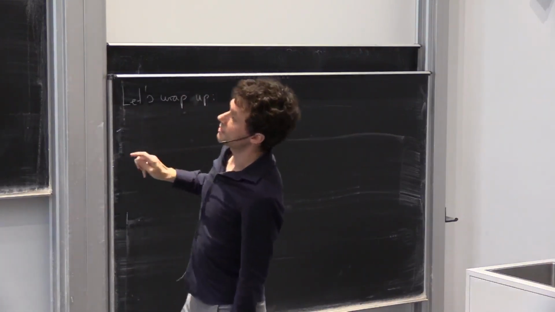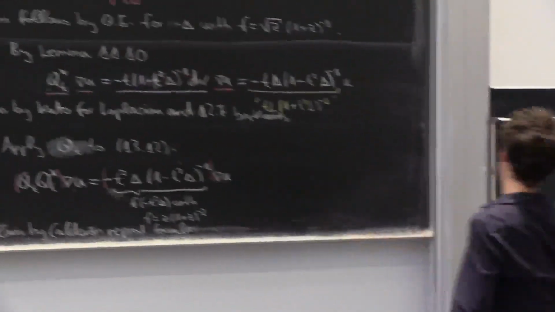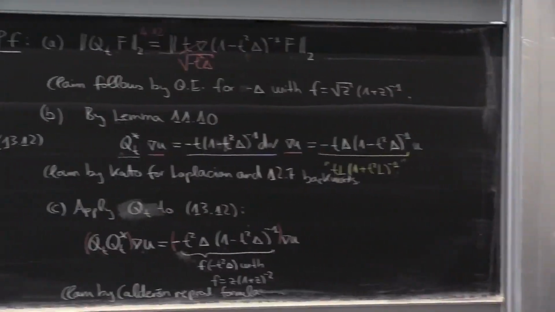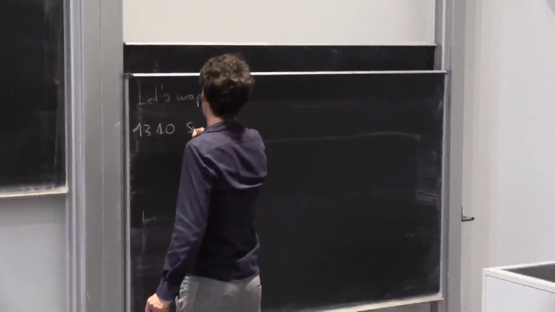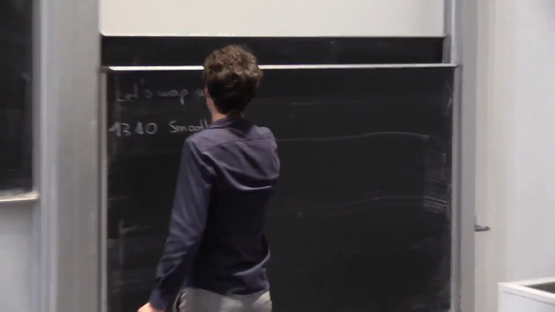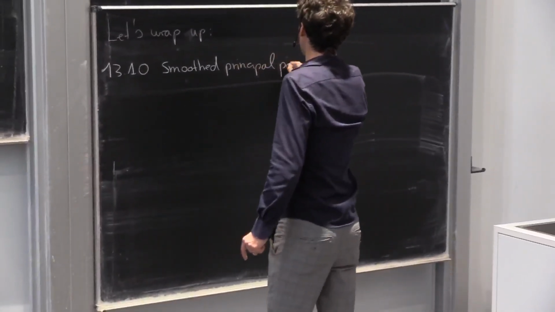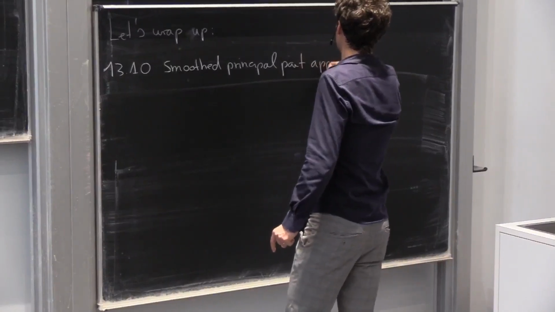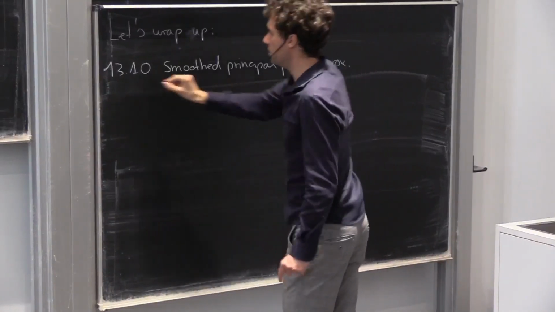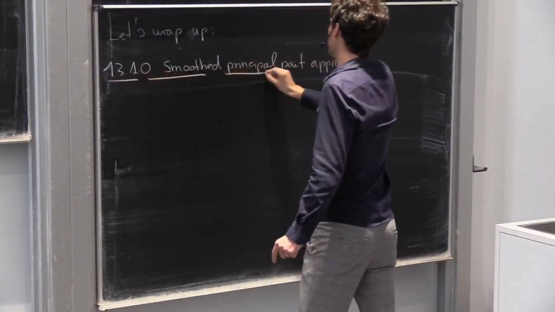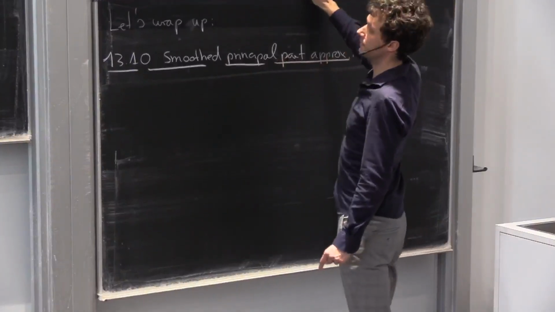This is going to be which result? 1310. 1310, I call it a smoothed principal path approximation. It's going to be our principal path approximation, but with a smoothing operator.